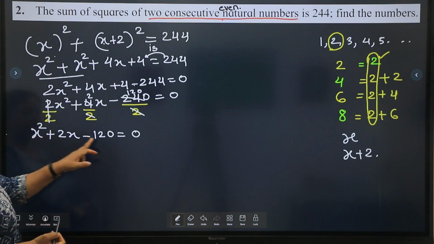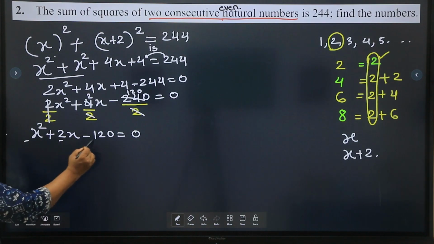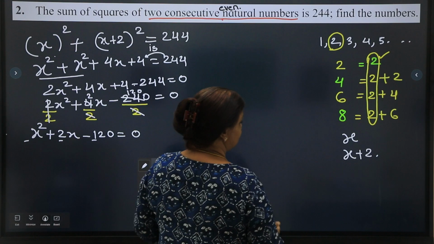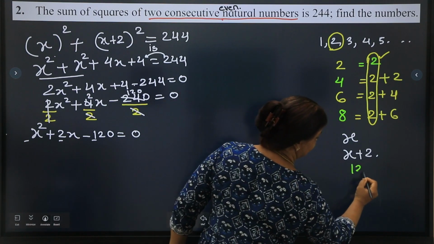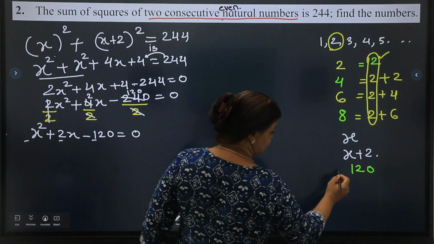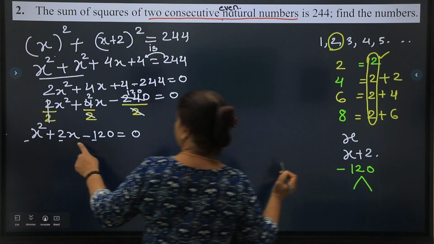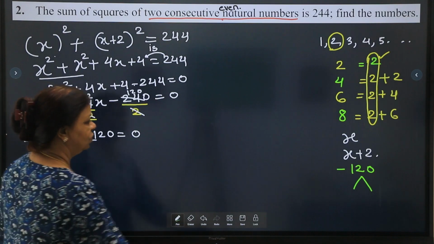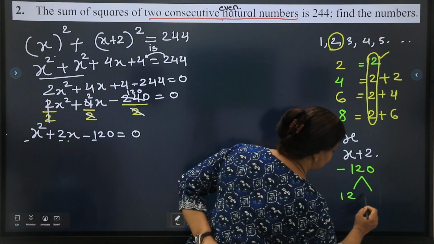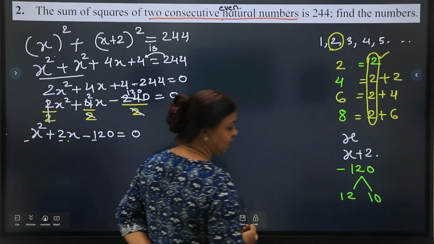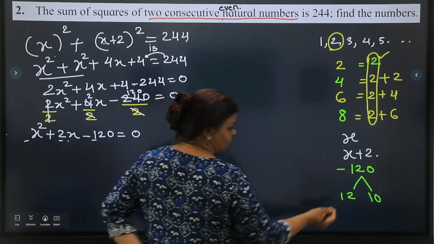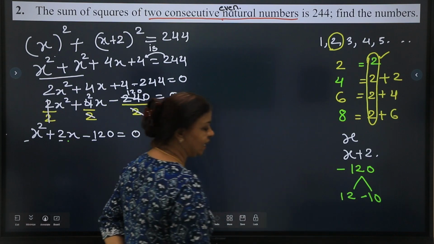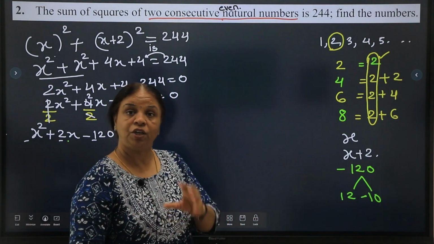Now I have the first term, second term, third term. Now 120 I can bifurcate. 12 tens are 120, but I want minus, so one of the numbers should be minus. 12 into minus 10 will be minus 120, and 12 minus 10 would be 2.